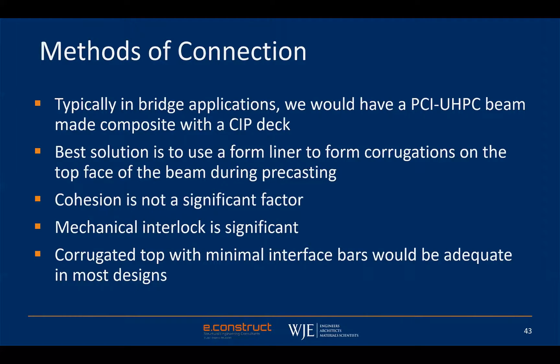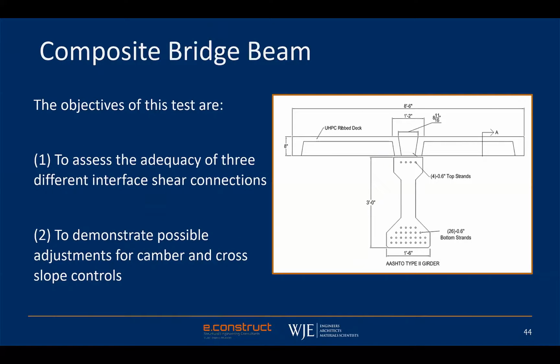But as a starting point, you can do a UHPC beam with a conventional concrete deck. The best solution is to form the corrugations, as I indicated before. Mechanical interlock is the most important item there, and we still need to put some rebar to keep the pieces from separating.